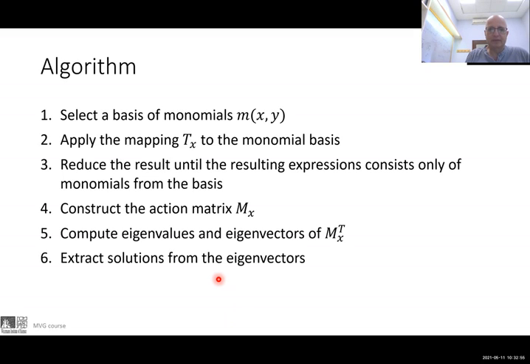Next, we reduce the result until the resulting expressions consist of monomials from the same basis. So we took monomials of first order, multiplied them by x, got second order, and then reduced these second order monomials by plugging in expressions from the polynomials we want to find the roots for, to reduce it again to first order.